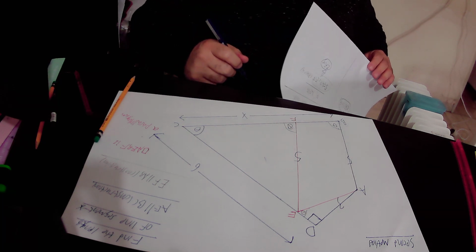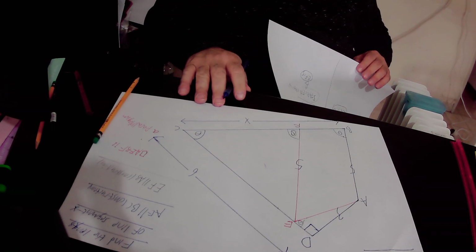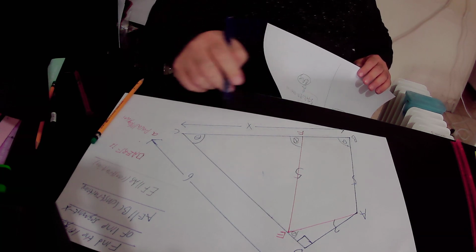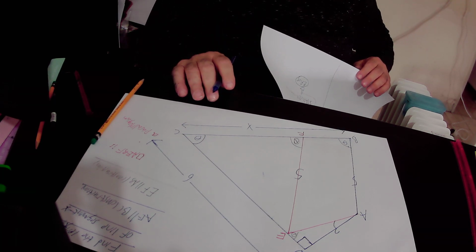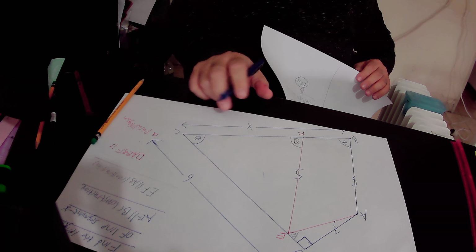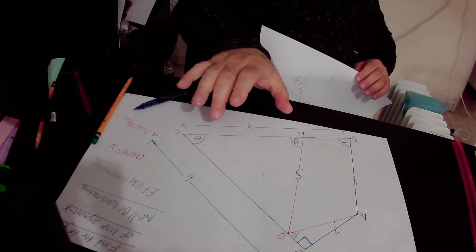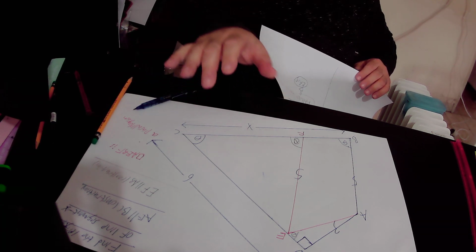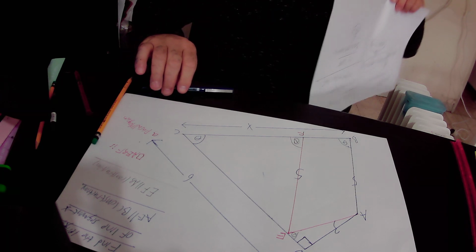In the next step, we will focus on triangle EFC. In triangle EFC, we have two angles that are equal to each other. Those two angles are both equal to theta, therefore they are equal to each other.